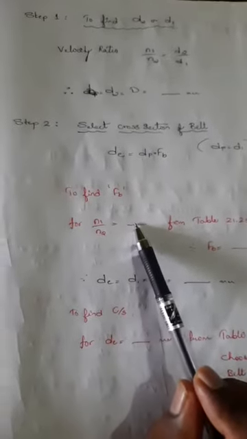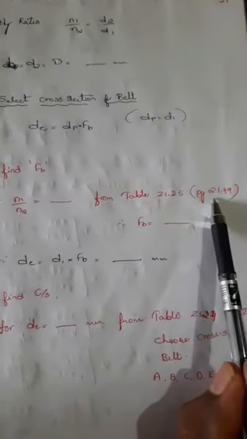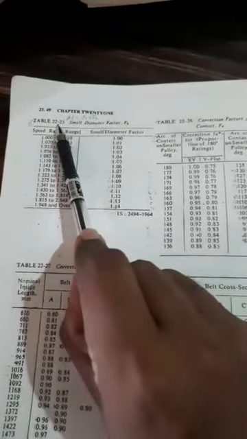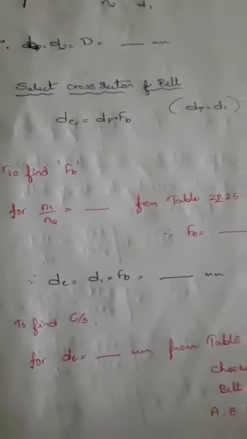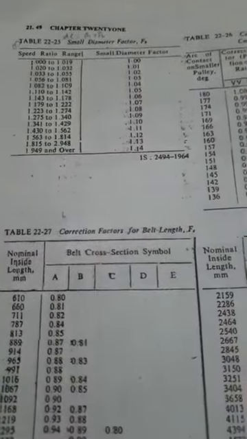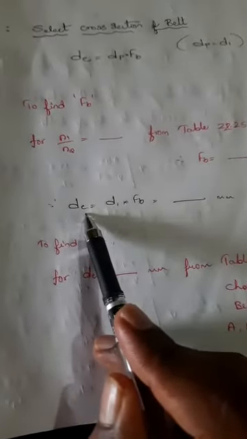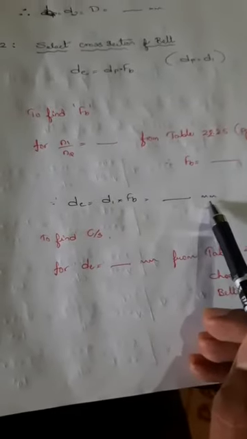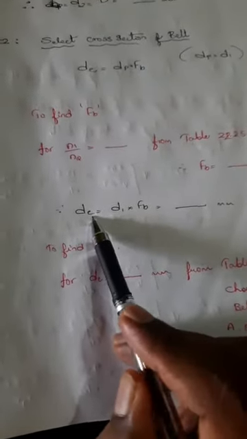For this ratio, from table 22.25, page number 21.49, find the small diameter factor FB. Therefore DE equals D1 into FB in mm, so we get the equivalent diameter DE.